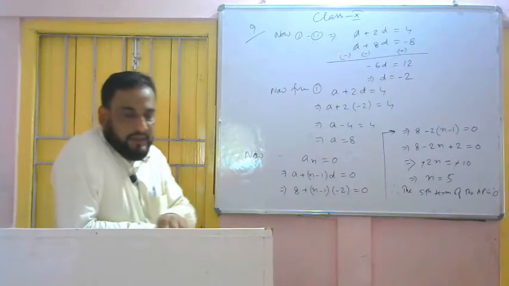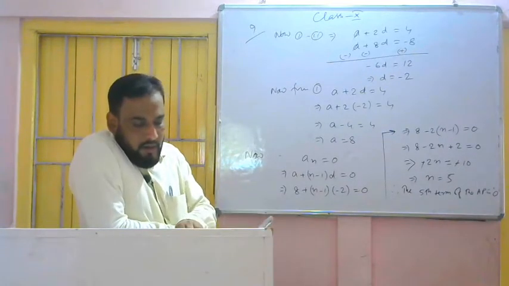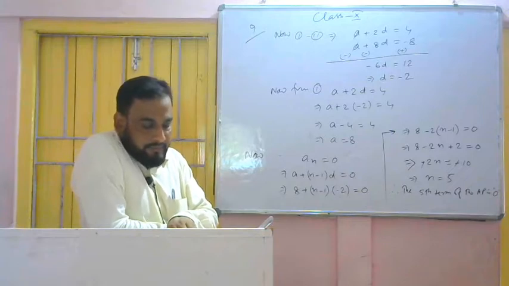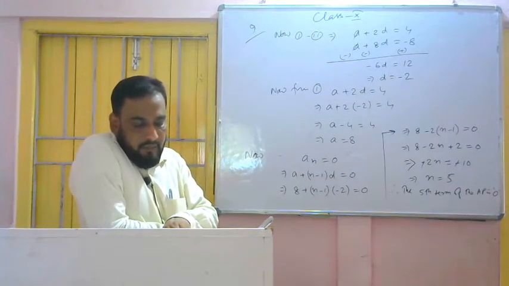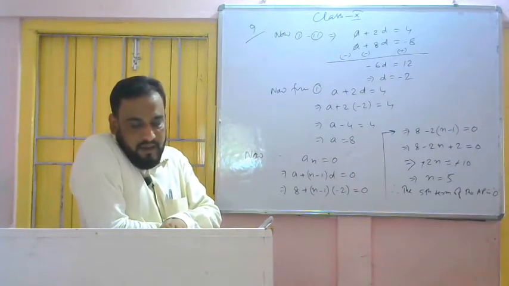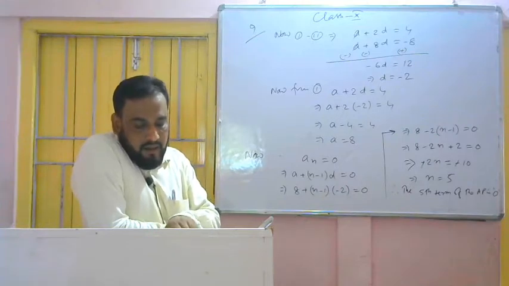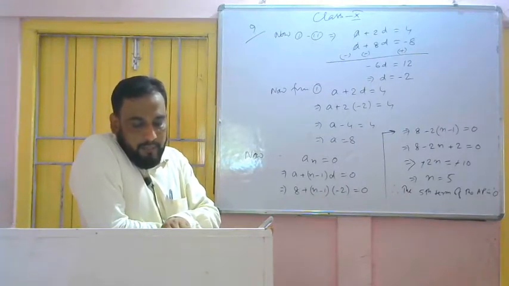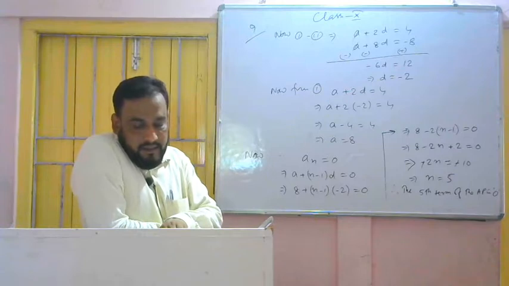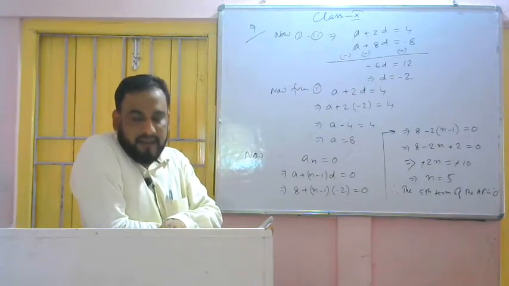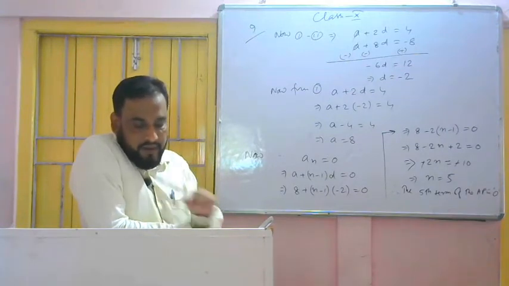Now your question is question number 10. The 17th term of an AP exceeds its 10th term by 7. Find the common difference.